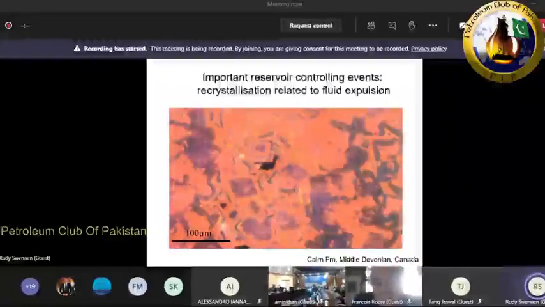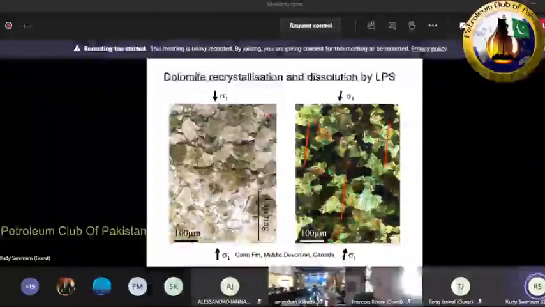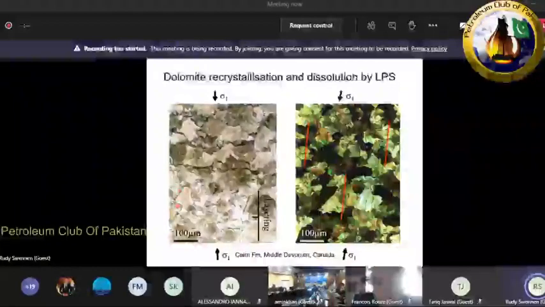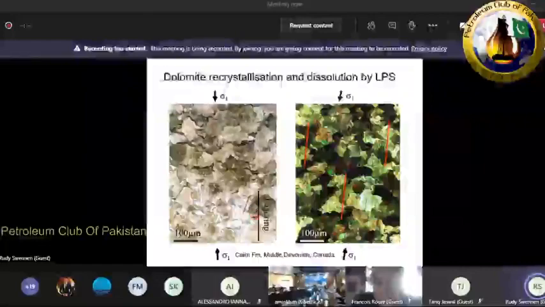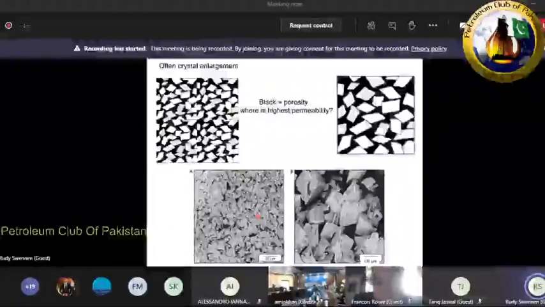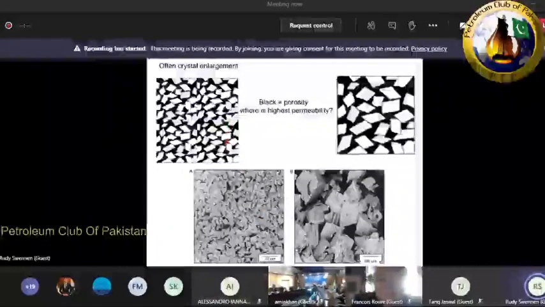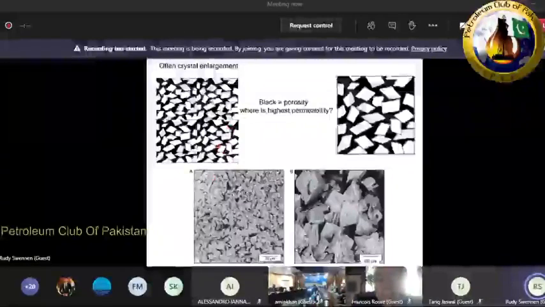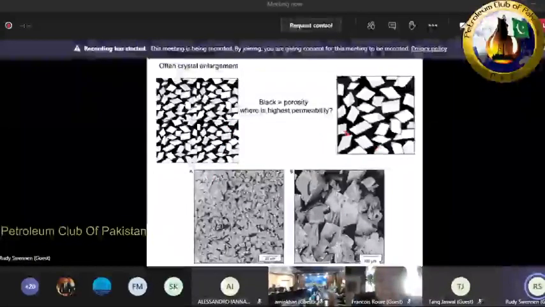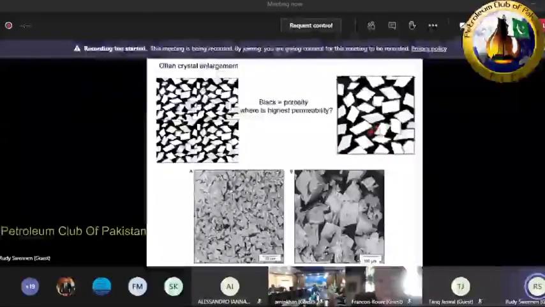And very often, the recrystallization will also be manifested by the formation of bigger crystals. Bigger crystals means that if the porosity stays the same, that you create bigger pores and better connectivity, and this will certainly also affect your permeability.